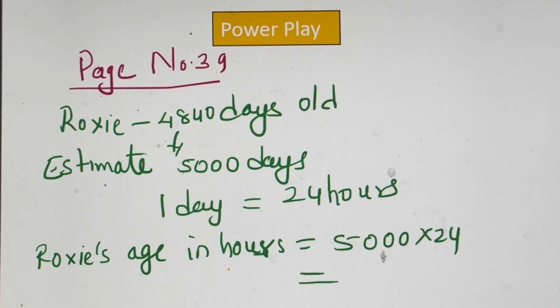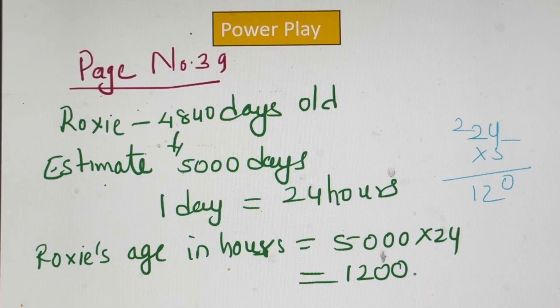So we multiply 24 by 5. 5 4s are 20, carry 2, 5 2s are 10, plus 2 is 12. So what do we get? We get this 120 and these 3 zeros. Right, so 1,20,000 hours.